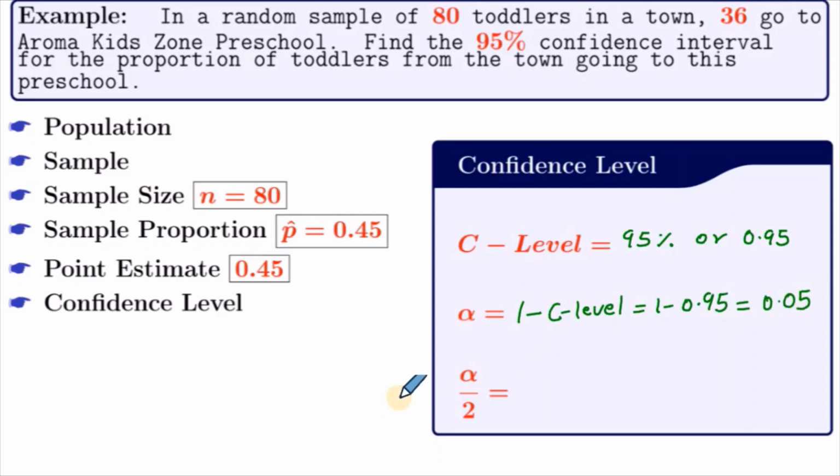Now alpha by 2 is half of 0.05. That means 0.05 by 2, which equals 0.025. This value 0.025 we will use to find the critical value next.